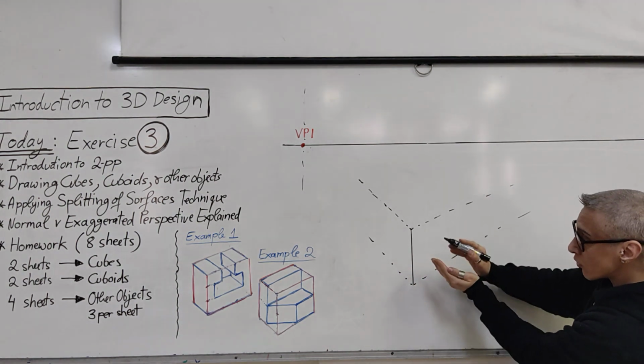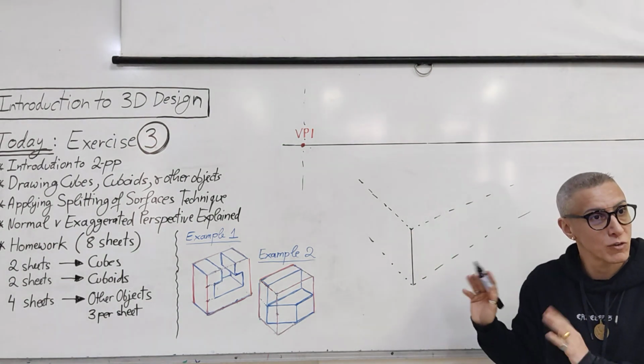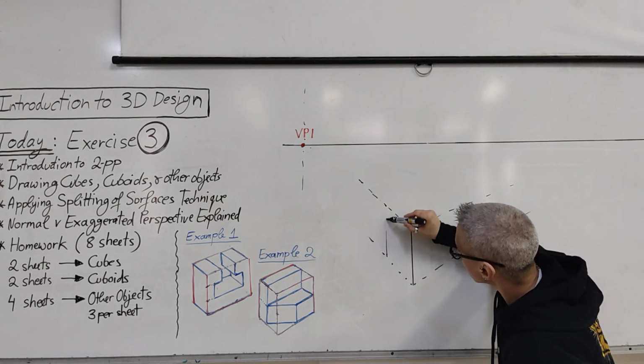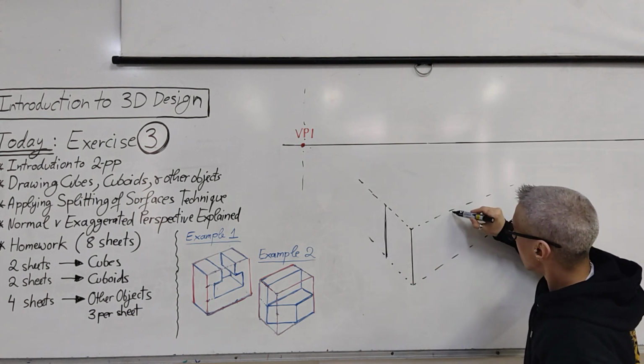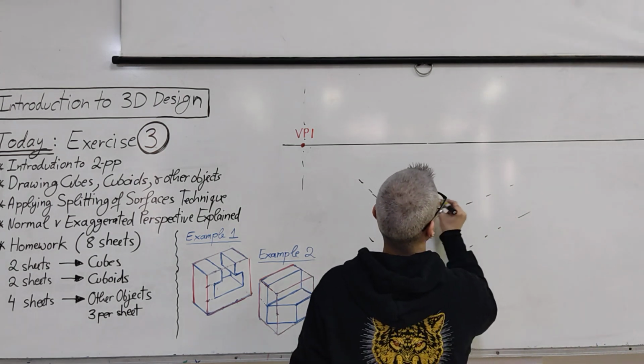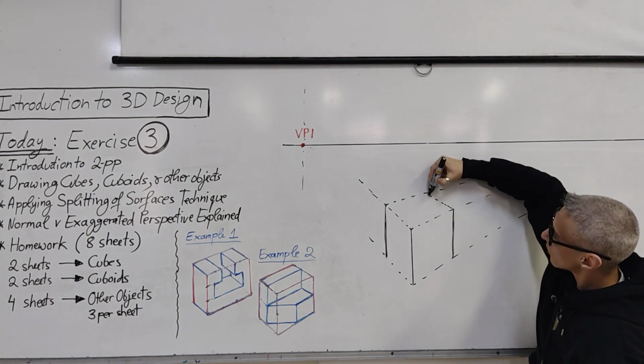And if I draw it smaller or bigger, it doesn't matter at this stage, okay? There is no measurements. But proportions need to be looking okay. Then, from here to the vanishing point, and from this point to the other vanishing point.